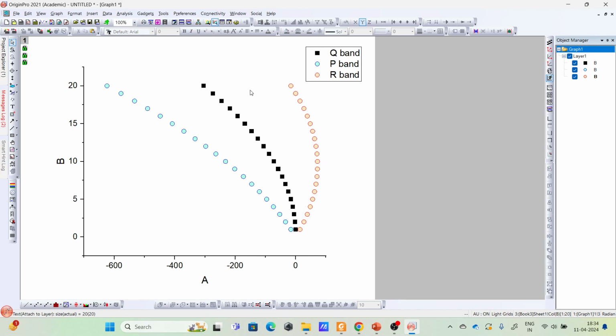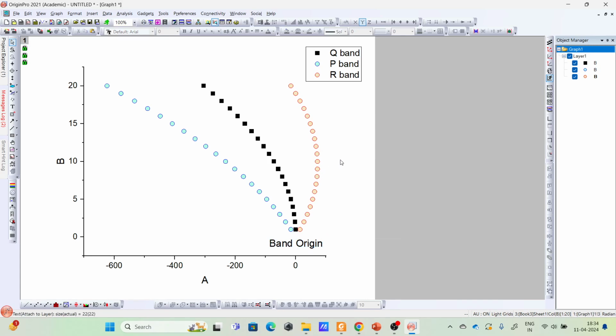This is my P, this is my Q, and this is my R band, where they are trying to converge but cannot. This point is actually your band origin.